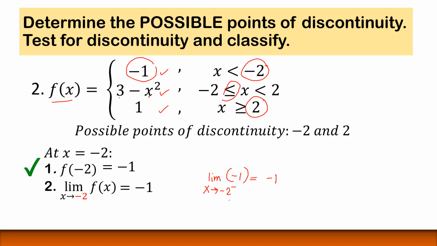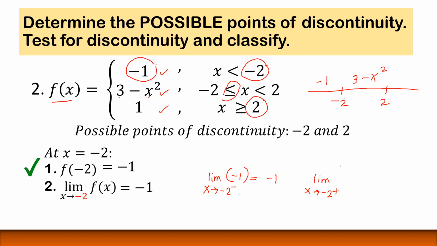Okay. Tapos yung isa naman, yung limit from the right of negative 2. Ayan. So sa right ni negative 2, di ba? Ito yun. Negative 2, positive 2. Dito negative 1 yung definition ng function. Pero sa gitnang interval, we have 3 minus x squared. Yan.